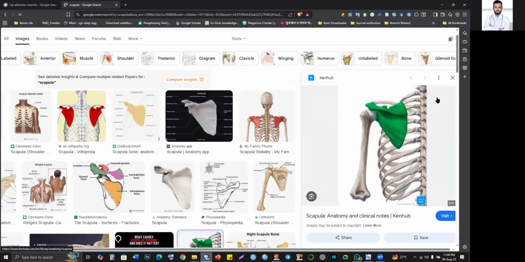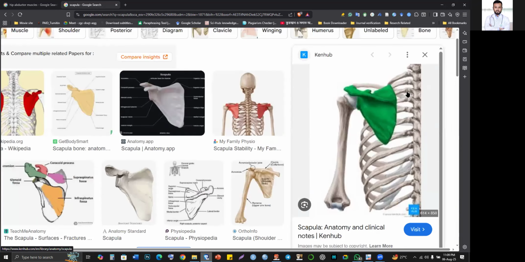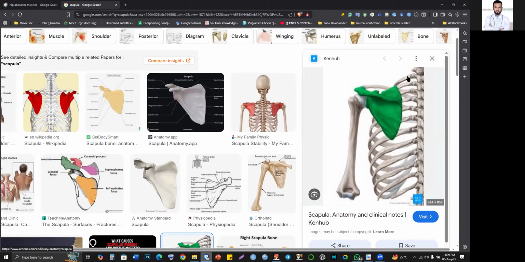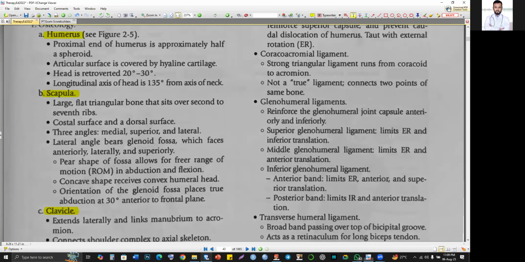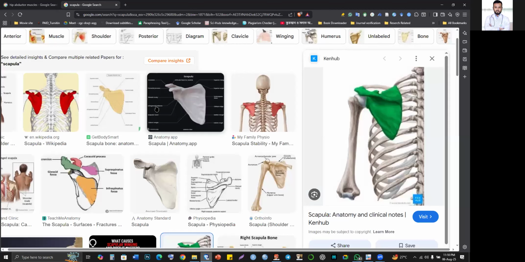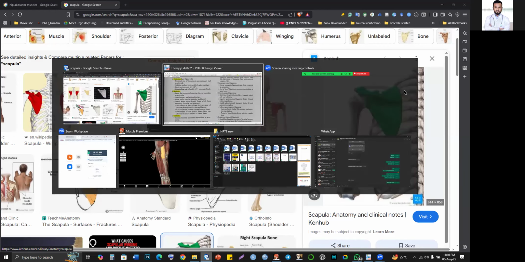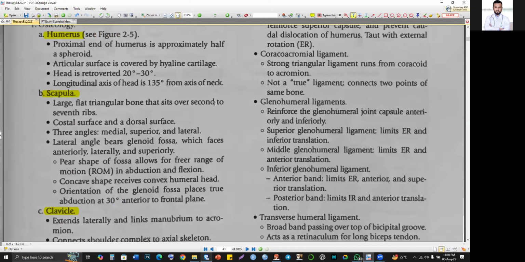If I count the ribs from here, 1, 2, 3, 4, 5, 6, and 7. So this is a large flat triangular bone that sits over the second to seventh ribs. Here is the first rib, this is the second rib, and from the second to the seventh, it is situated over six ribs.